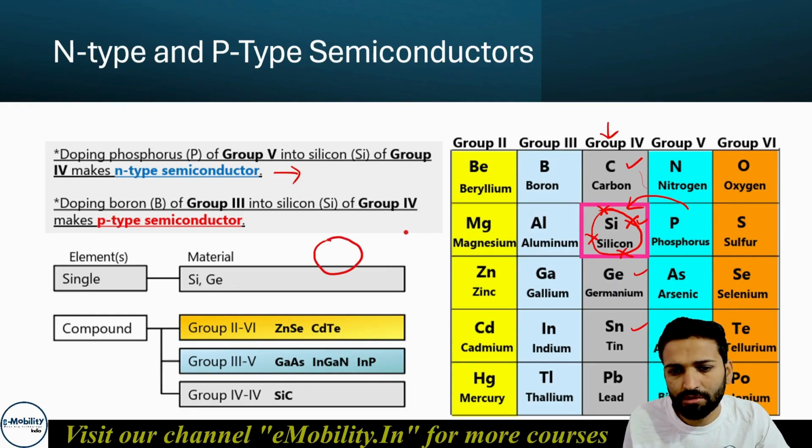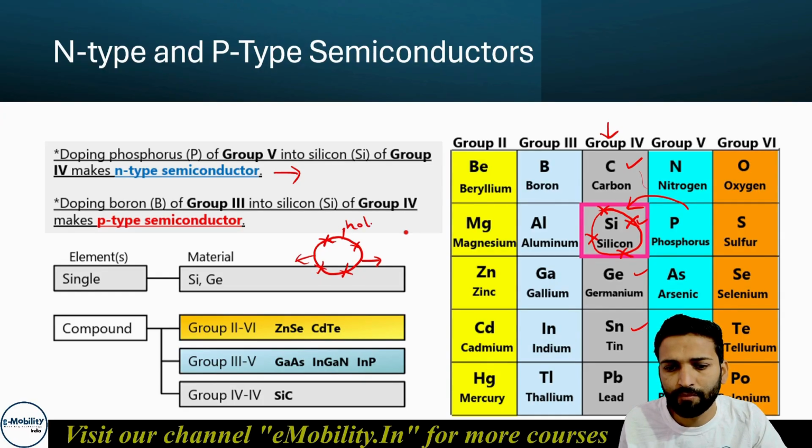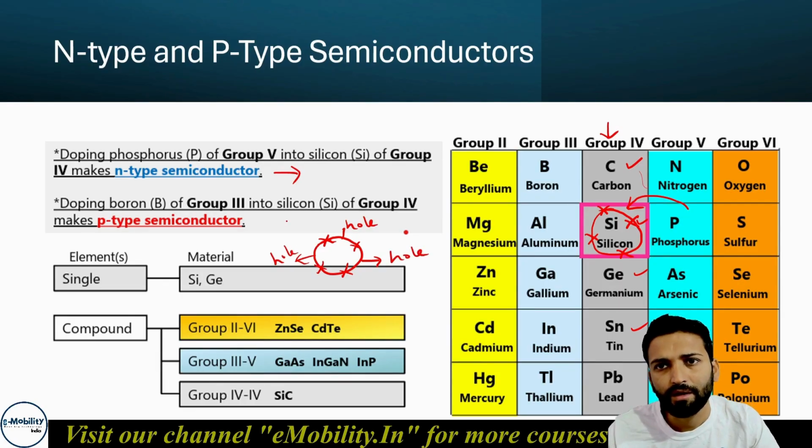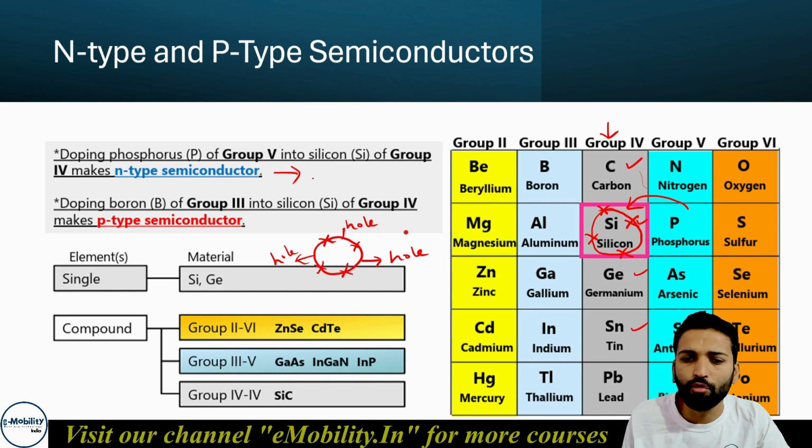The outermost ring of a group 4 element should have 8 electrons, but actually it has only 4 electrons. So the rest 4 can be considered as holes. That means each group 4 element has 4 electrons and 4 holes. But whenever the doping of phosphorus, a group 5 element, is done to the group 4, then there are more electrons.